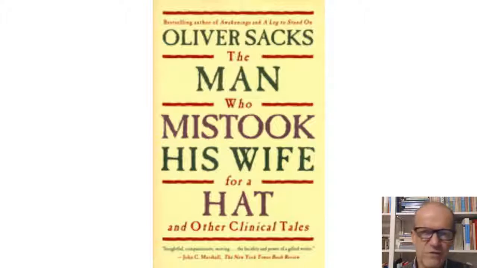A very interesting story, and also other stories, of course, in numerous books Oliver Sacks has written. And it gives an idea of how the functioning of the human brain, the biological substrate, and the human identity come together.